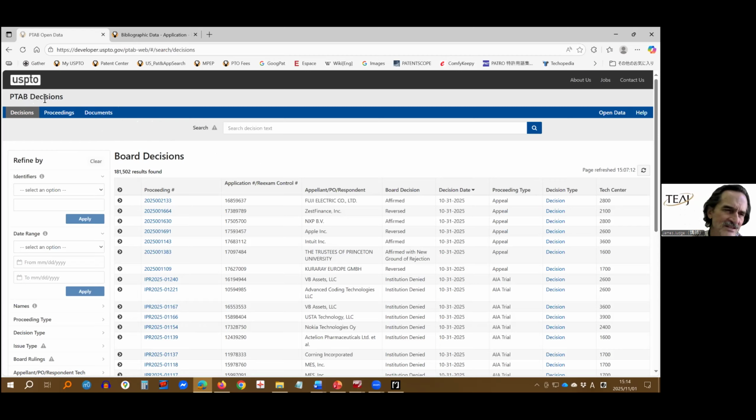I've said this, but not very clearly, so I will restate it once more. The Patent Trial and Appeal Board covers both trials and appeals. And what is the difference? Appeals are appeals from the examiner's final rejection, and those appeals are conducted solely by the applicant. They used to be in the name of the inventor, but now they're done by the applicant.